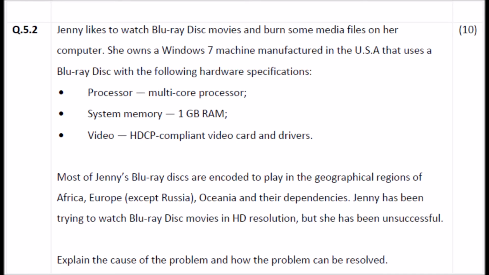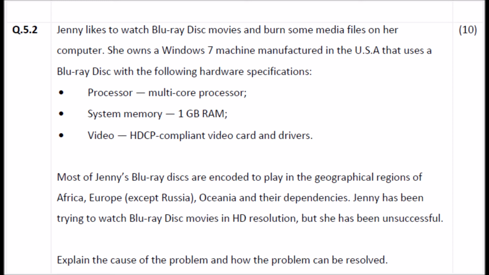Question 5.2 now looks at a specific individual who obviously wants to watch Blu-ray disc movies. I think this looks at chapter 11 as far as your prescribed textbook is concerned, and naturally she's using a Windows 7 machine that's manufactured in the States, and obviously has a list of hardware specifications incorporated there. So the processor, a multi-core processor, system memory 1 gig, and you've got your HDCP compliant video card and drivers there.